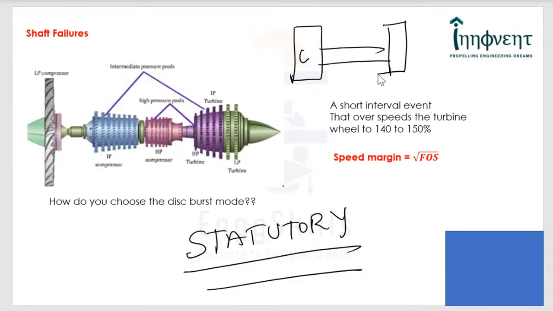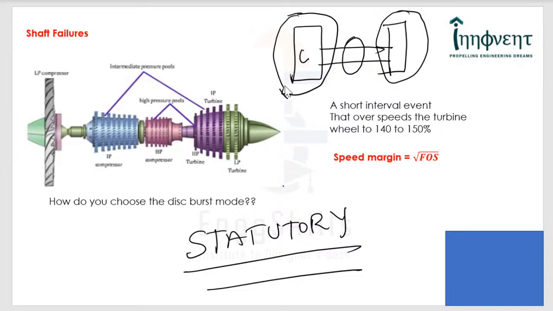What happens if the shaft connecting the compressor and the turbine is broken or fails for some reason? Please understand, to begin with, in a typical gas turbine, all the work developed by the turbine is completely consumed by the compressor, because the compressor is the power absorbing machine and the turbine is the power generating machine.